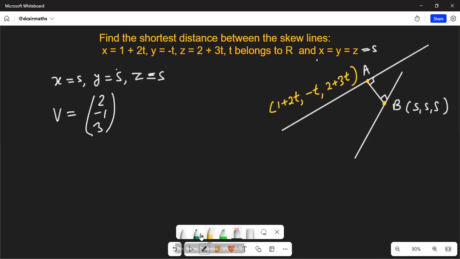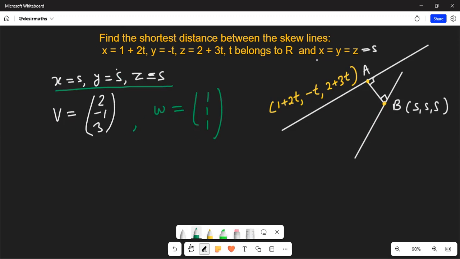And we would also like to find another direction vector for the second line, which is here. Let's say that is W. And W should be the coefficients of S: 1, 1, 1. So that is the direction vector of the second line.